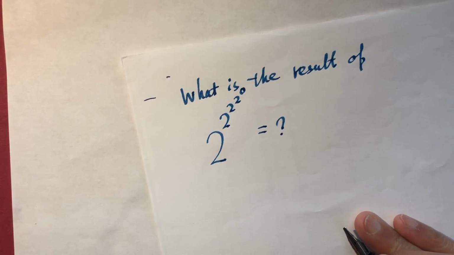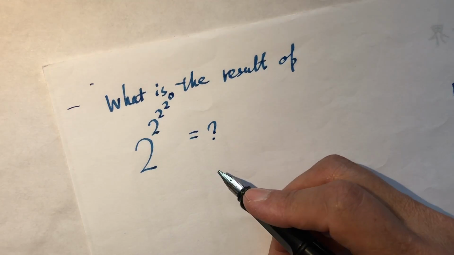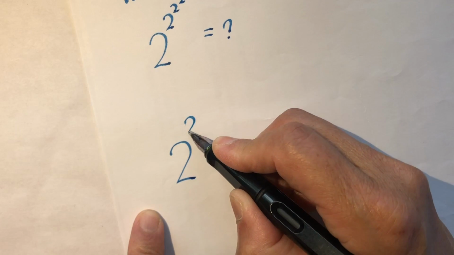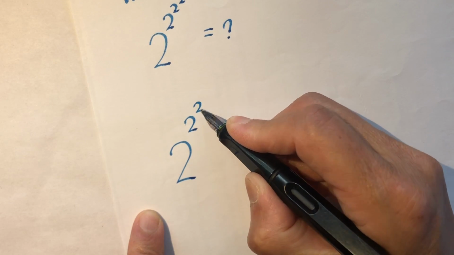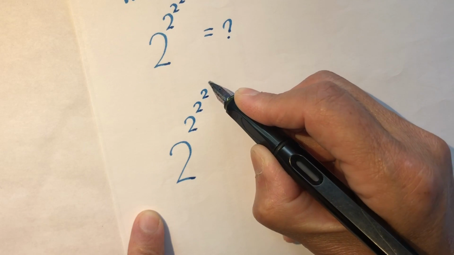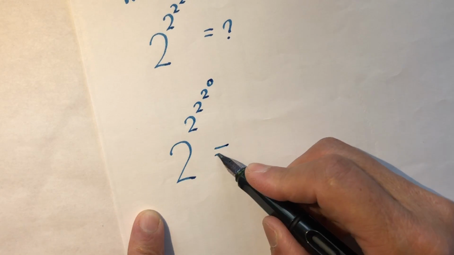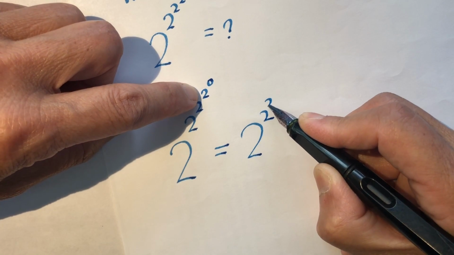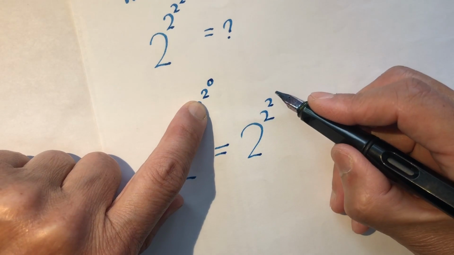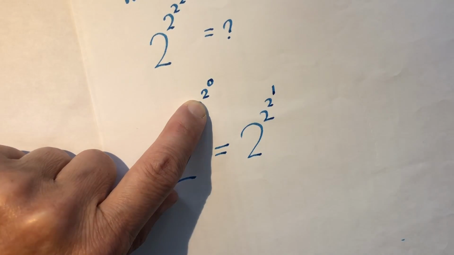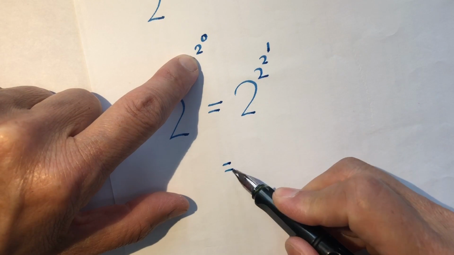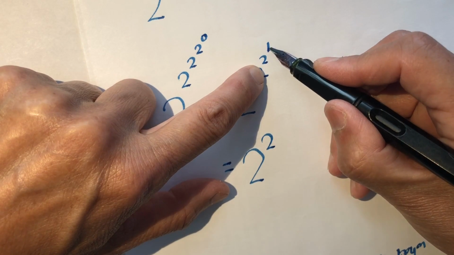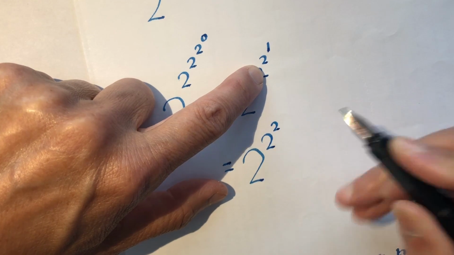Okay, how do we figure this one out? 2 to the power of 2 to the power of 2 to the power of 2 to the power of 0 equals what? Equals 2 to the power of 2 to the power of 2, and 2 to the power of 0 is 1, right? Equals 2 to the power of 2, and 2 to the power of 1 is 2.